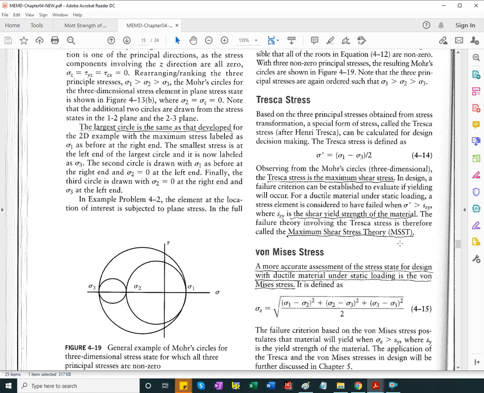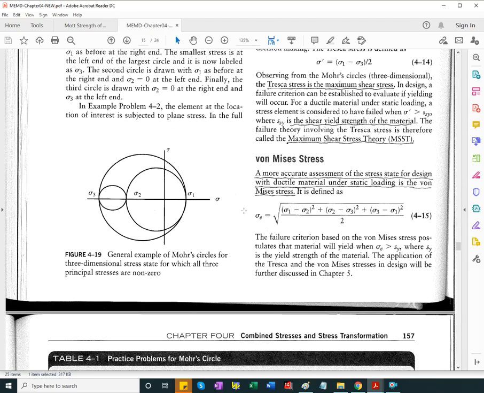Remember that you look here at sigma 1 minus sigma 3 divided by 2. That's actually the radius of the largest of these three circles. It's called sigma prime, but that's a shear stress. And you compare this stress, the radius of the major of the three circles, to the shear strength of the material.